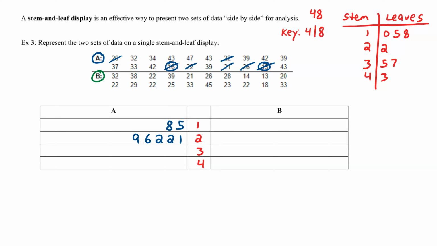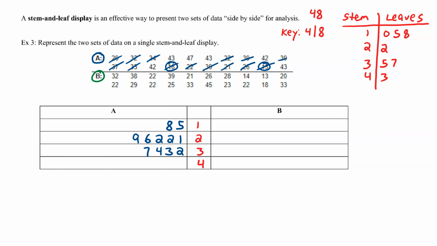For the 30s, we have a 32, a 33, a 34, a 37, and we have, let's see, 39 shows up 1, 2, 3 times.